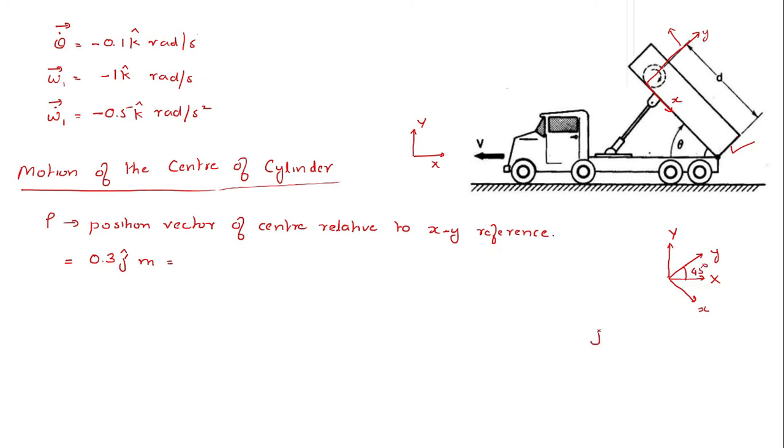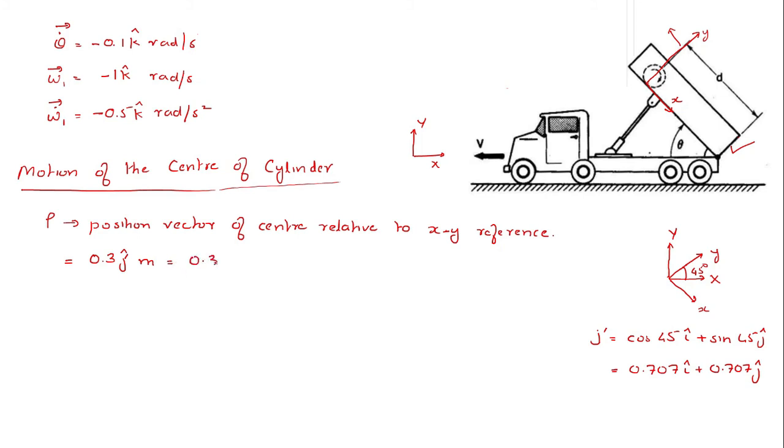So I can represent j dash as cos 45 I cap plus sin 45 j cap, that is equal to 0.707 I cap plus 0.707 j cap. I'll convert it right here so that it becomes easier for me.